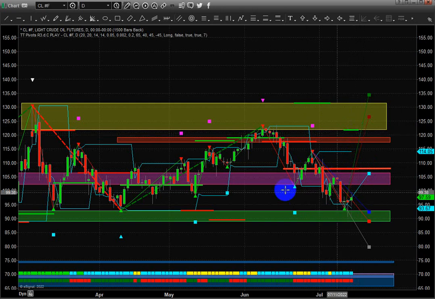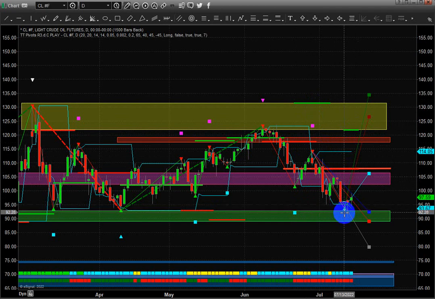Why is that? Because we're in this sideways rotation. You can see the rotation, the trigger level here is 131.53 from this low, and is here at 122, roughly even for this low.